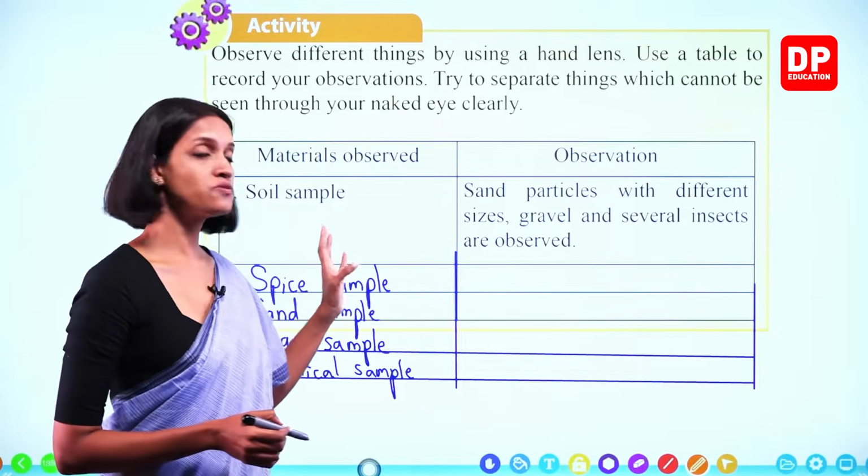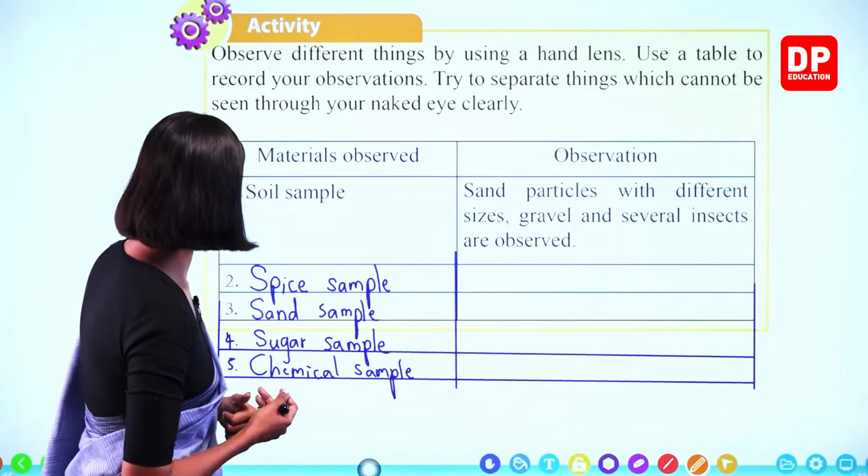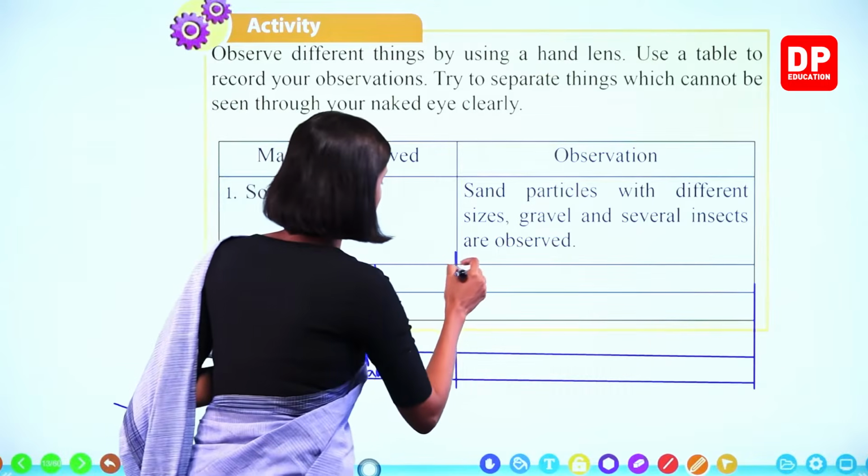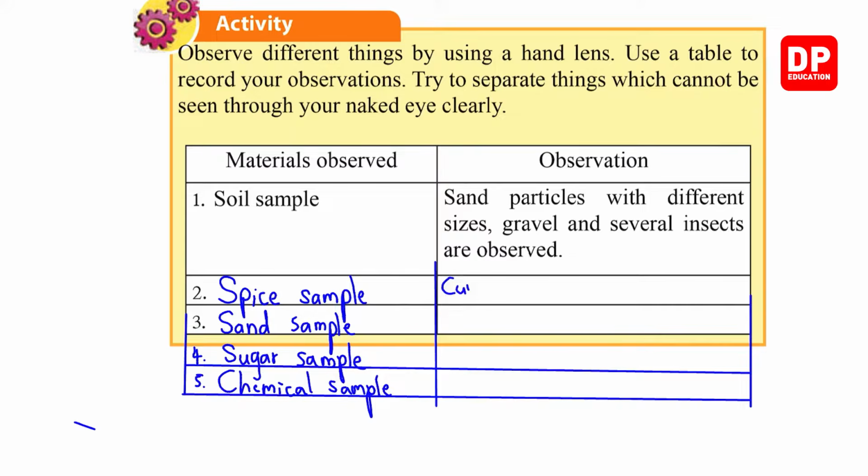So, using a hand lens, we observed all these samples. What happens? Spice sample, what could we observe? We could see curry powder, salt, chili, and turmeric powder. Right?